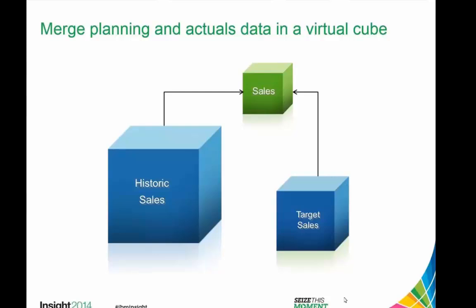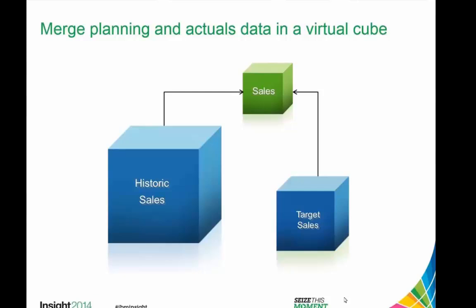What virtual cubes allow you to do is bring together any shared dimensions between those cubes and allow you to build reports that use the information from both of those cubes in one place for that top virtual cube, the sales virtual cube. A lot of the merging that goes on when you first model your virtual cubes is based off of the dimension names.